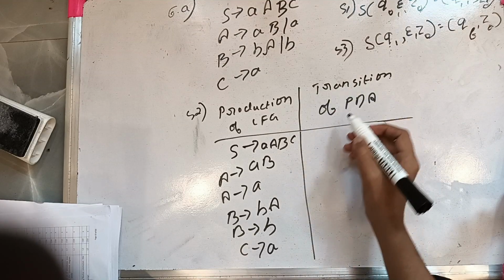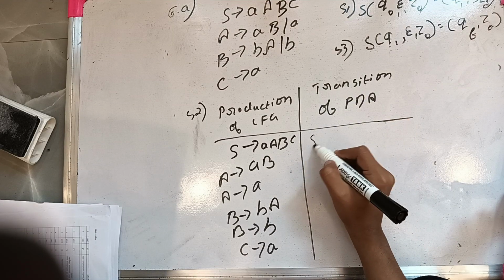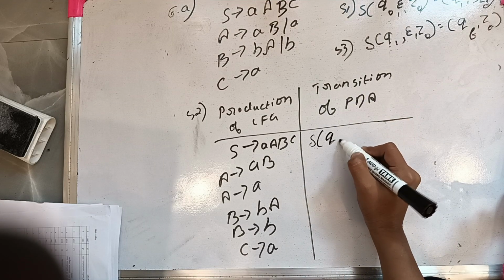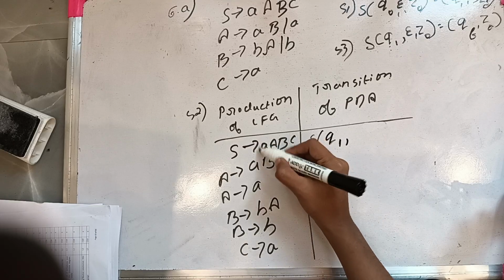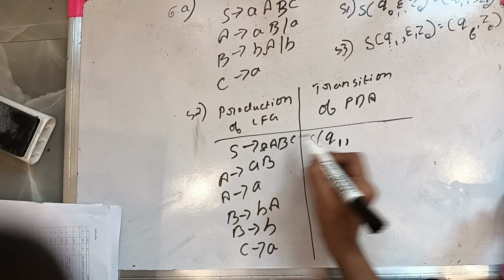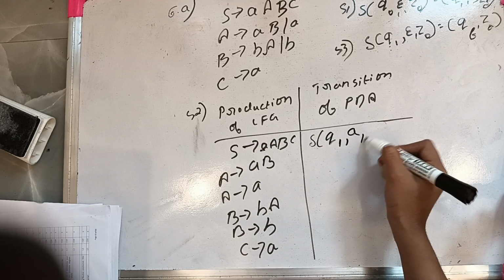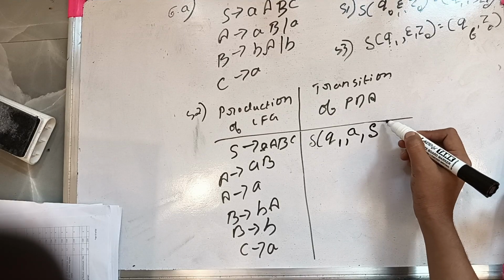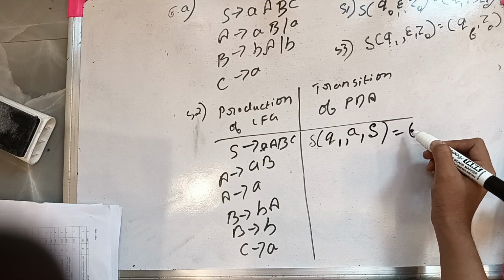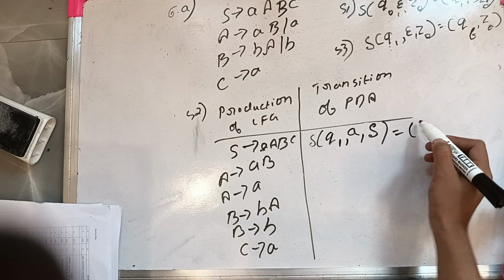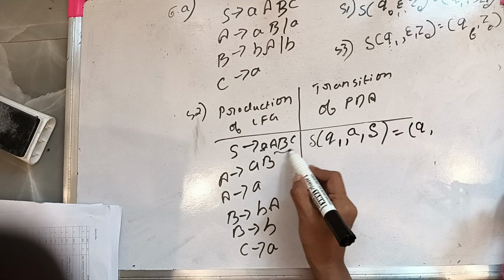Next, write the transition of PDA. Here the state is q1, the input is A, and in the stack top we have S. Starting state; then the state is q1 itself, and the remaining is ABC.